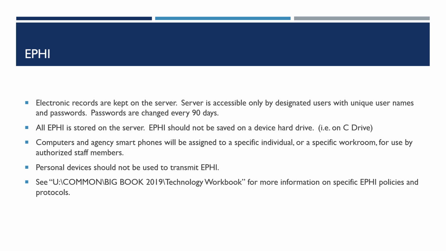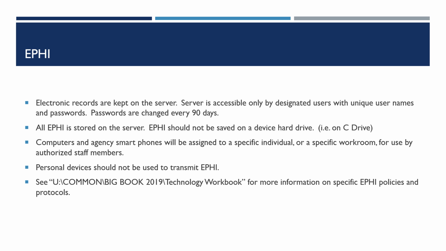For ePHI, electronic records are kept on the server. The server is accessible only by designated users with unique usernames and passwords. Passwords are changed every 90 days and are not to be shared with anyone else. All ePHI is stored on the server. ePHI should not be saved on a device hard drive, i.e. the C drive, or a USB that isn't password protected.